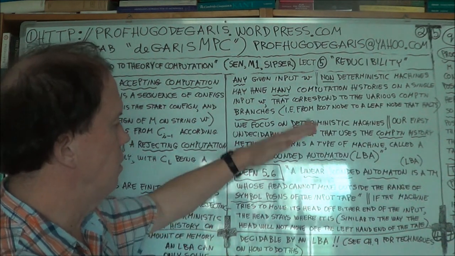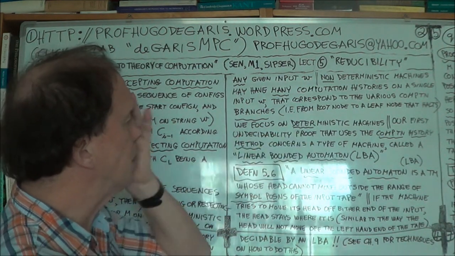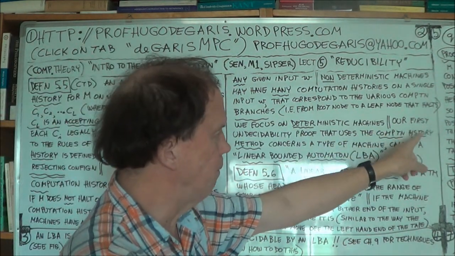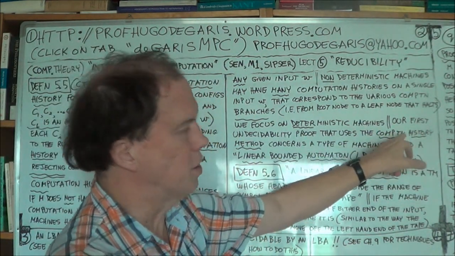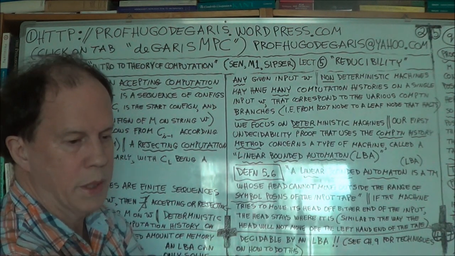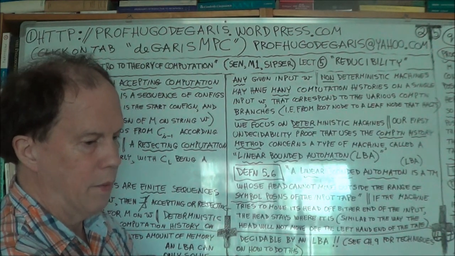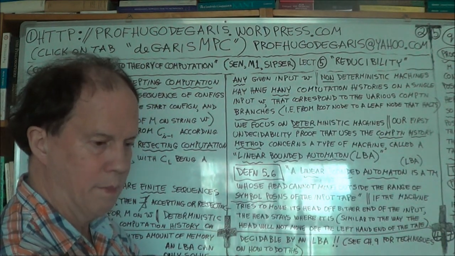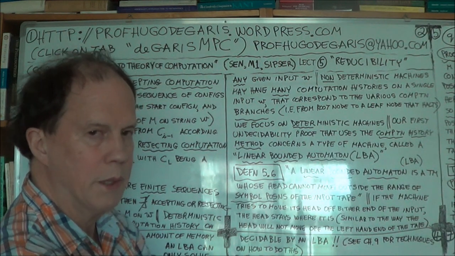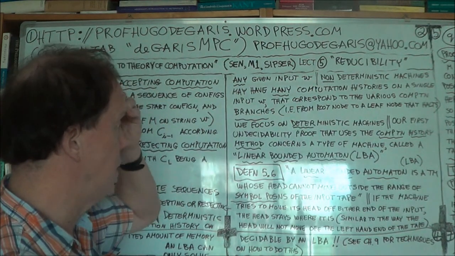We will give an undecidability proof that actually uses the method of a computation history. It'll use the computation history of a particular Turing machine, and we'll use that to create the undecidability proof. So that's what we're going to start doing now.